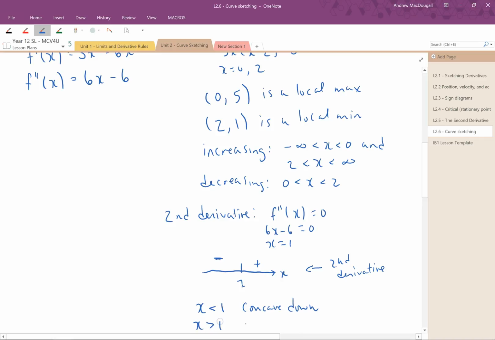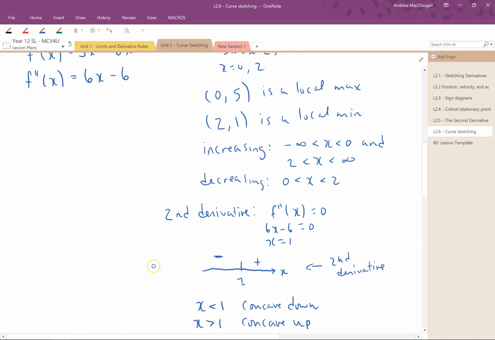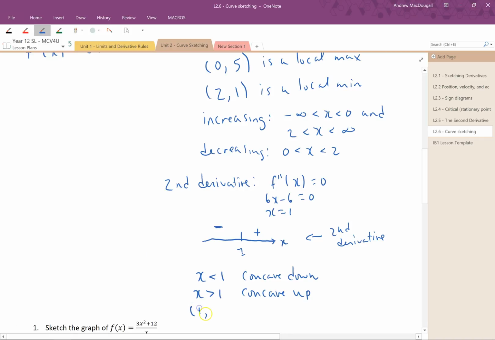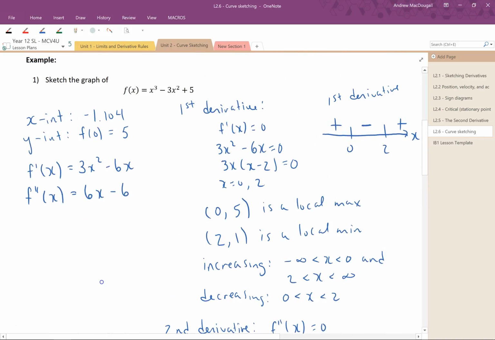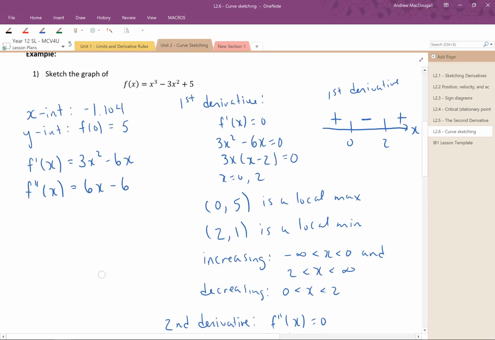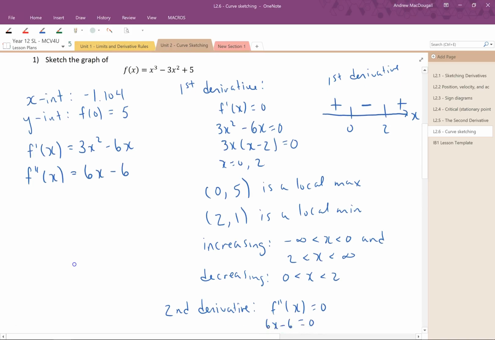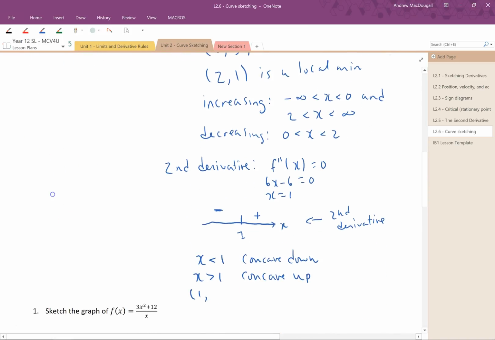And when x is greater than 1, it opens up, it's concave up. And we should also say, what is f of 1? f of 1 would be 1 minus 3, which is negative 3. So (1, 3) is an inflection point.